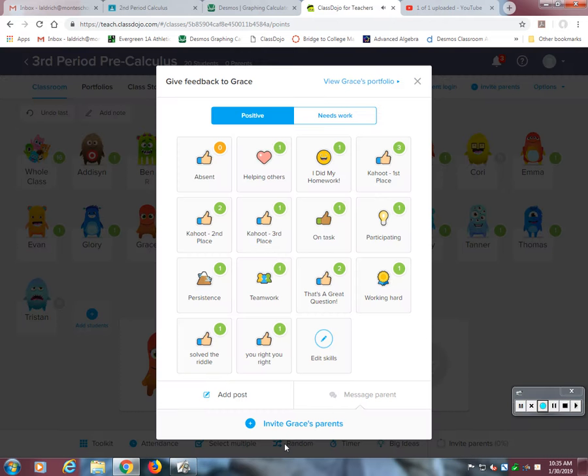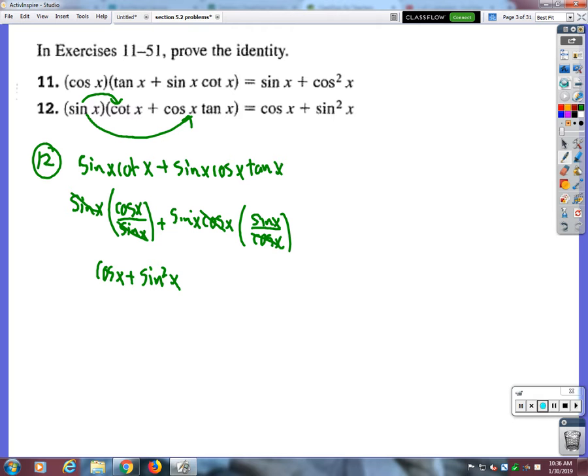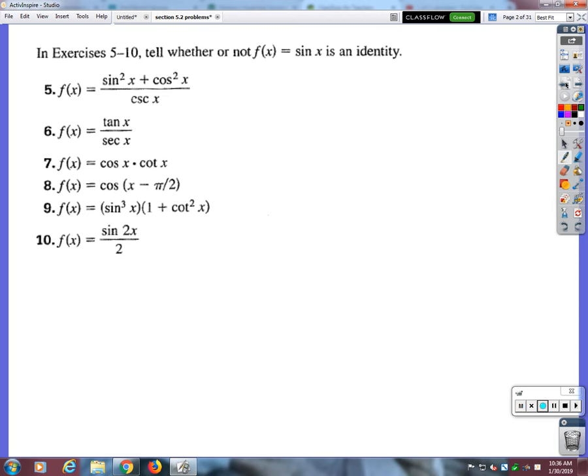Grace? Number 6. Going way back. Okay, number 6. What's tangent? What's secant? 1 over cosine.